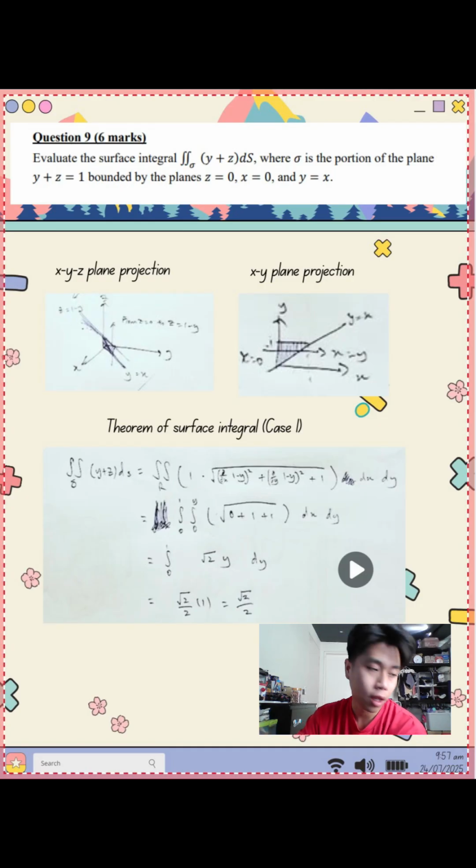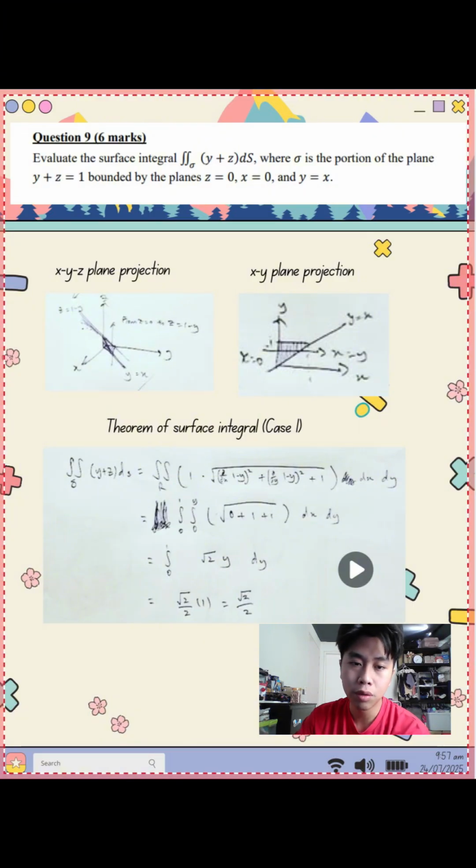After that, we need to decide which case this is and which formula we should choose. After the analysis, we choose case 1, which we studied before in class.